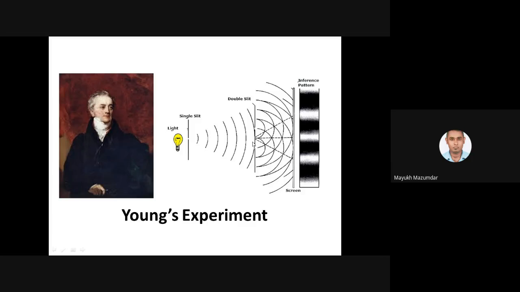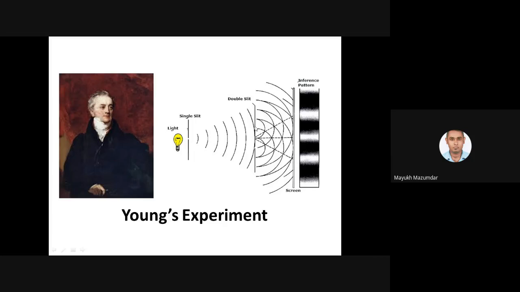Then this beam is allowed to fall on a screen with slits. And see, when there is this source, you know that this will act as a point source, and by Huygens principle we know that the wavefront should be moving forward like this. Now the wavefronts will hit this double slit, two slits separated by a very small distance.